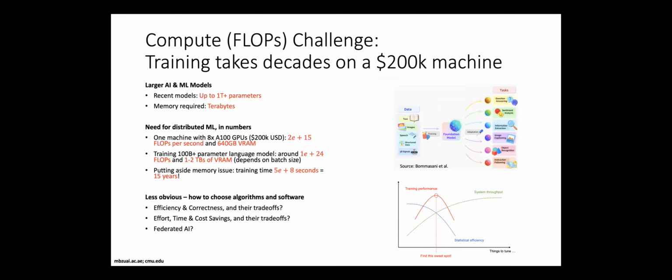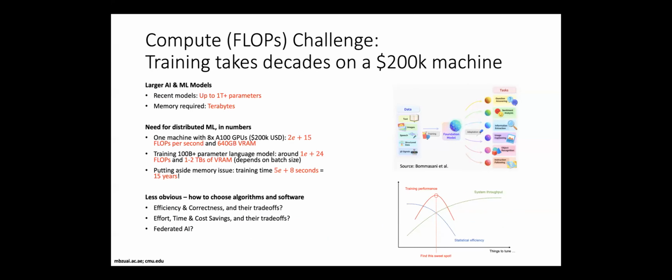Now, let's talk a little bit about the challenges in a bit more detail, right? Compute challenge is really one of how many floating point operations can we push to the model per second. And the rough number that everyone probably has realized by now is that on a single machine, even if that machine costs $200,000 and there's 8 GPUs in it, it will take decades to train a, let's say, 175 billion parameter model or 1 trillion tokens.